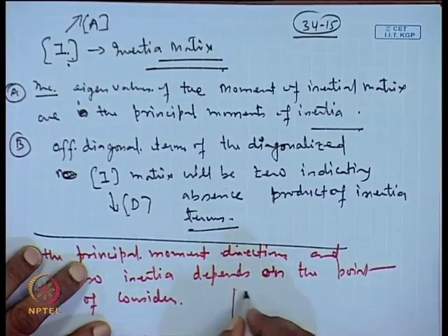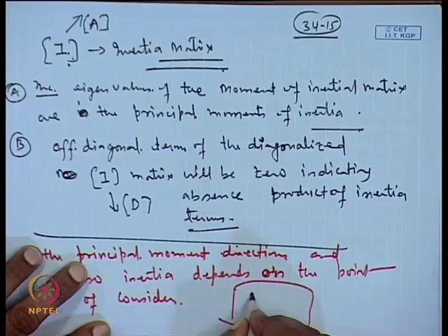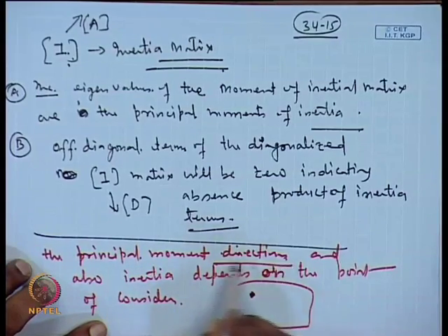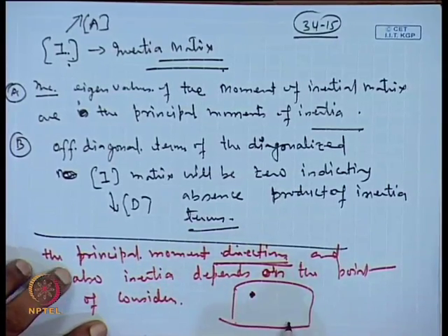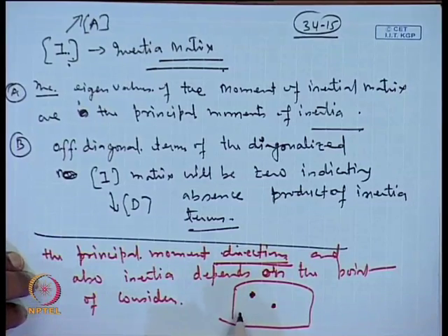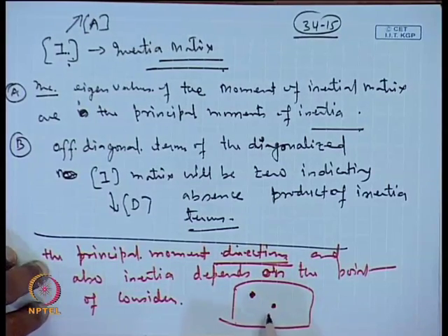If you are considering the principal moment of inertia about this point of a body, it will be different, and the corresponding principal direction will also be different. If you consider another point located here, the principal moment of inertia will again be different, and the corresponding direction also becomes different. This is a characteristic which needs to be taken care of while developing the equation.